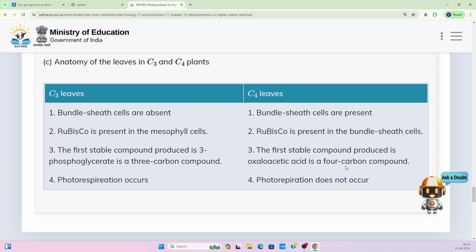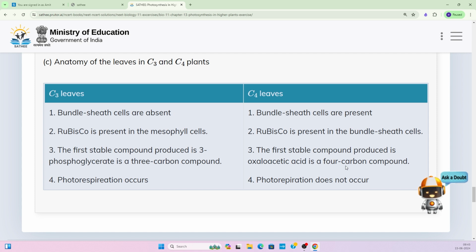Next difference, the first stable compound produced in C3 leaves is the 3-phosphoglycerate, a 3-carbon compound. Whereas the first stable compound produced in C4 leaves is the oxaloacetic acid, a 4-carbon compound. And that is why they got their names, C3 leaves, C4 leaves, or C3 plants or C4 plants.